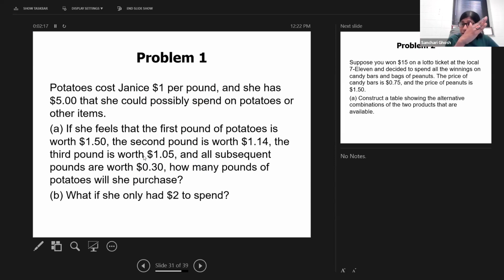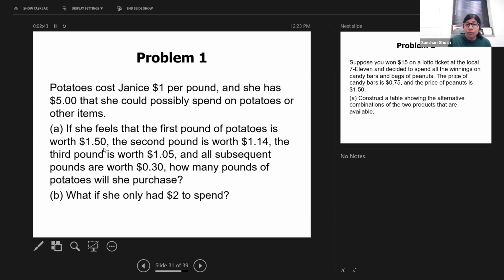If Janice is experiencing diminishing marginal benefit, how many bags of potatoes should she optimally purchase, given that she has $5 to spend? So our budget is given, as we had assumed in the fundamental concepts. And what happens if the budget changes? Think about it.